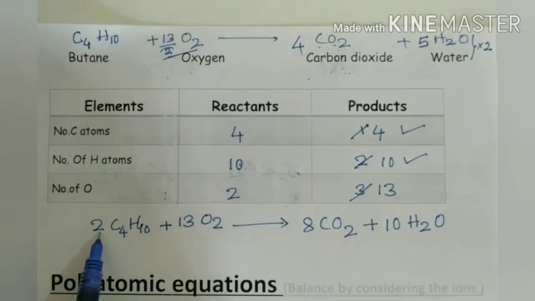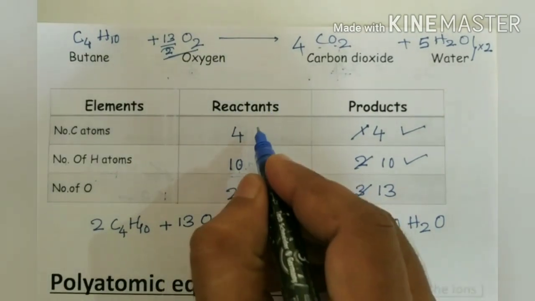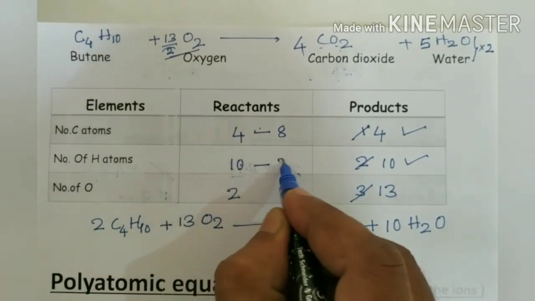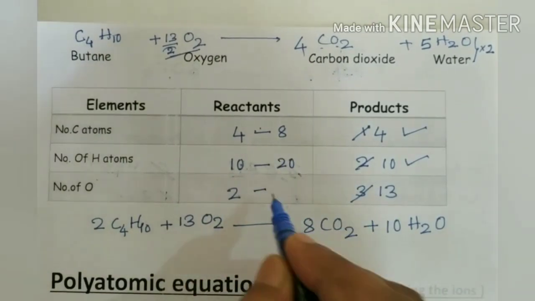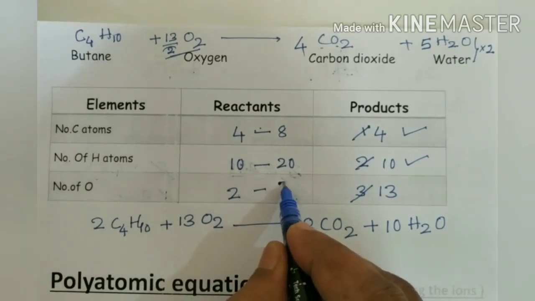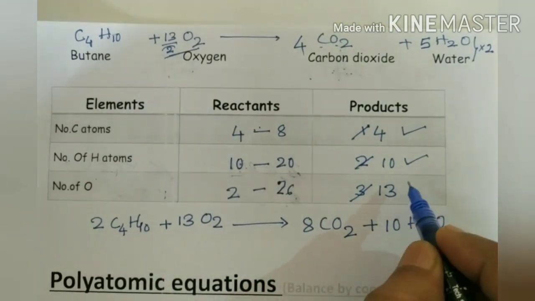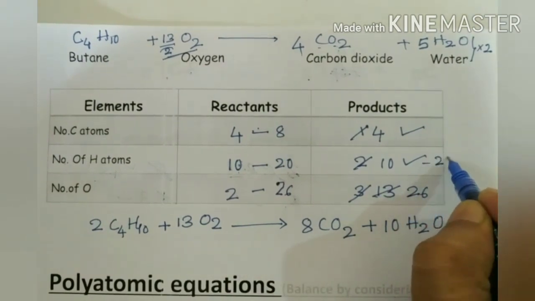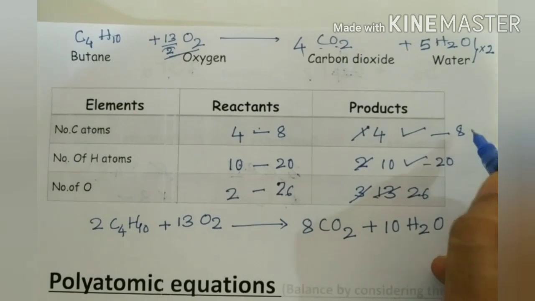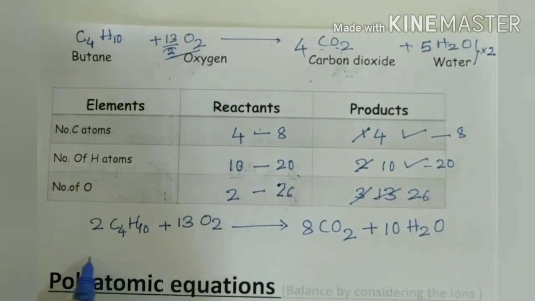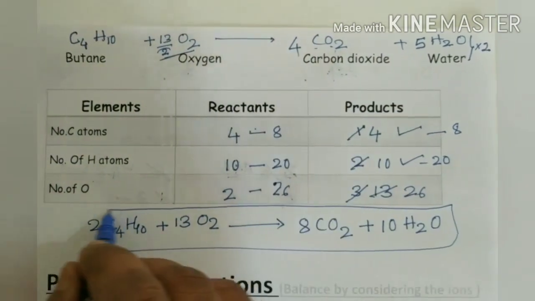All of these are now doubled. It becomes 8, it becomes 20, it becomes 26, and this also becomes 26, and this becomes 20, and this becomes 8. See, 8, 26, 26, 8, 20, 26. Now the chemical equation is completely balanced.